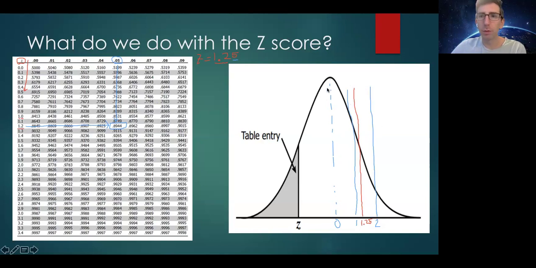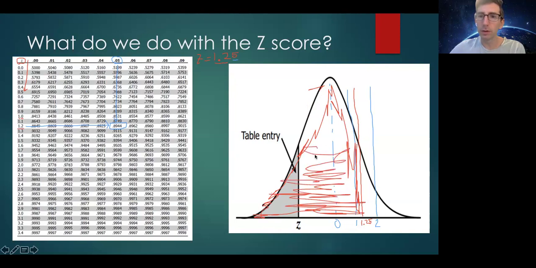And that 0.8944 number is the area under the curve from 1.25 exactly all the way to the left under this standard normal curve, which is the same area value as the normal distribution from our question.